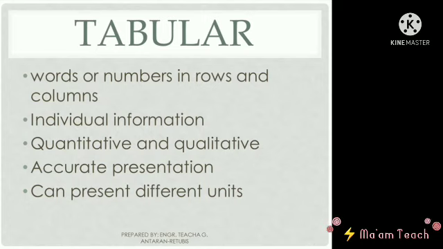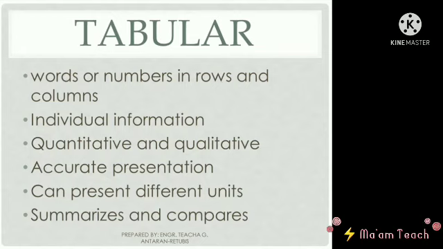So you want to present that in one table. It is possible, unlike with a graph, where you cannot present different labels or different categories in just one graph. So in a table, you can do it simultaneously. So finally, tables are very useful in summarizing and comparing quantitative information in different variables.